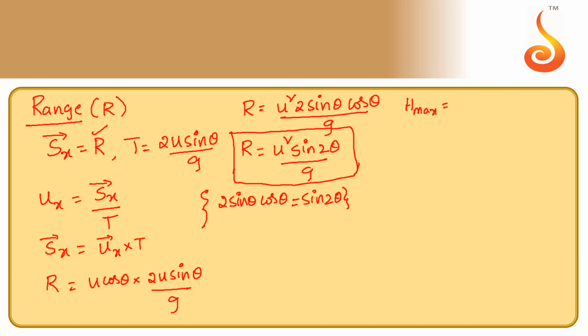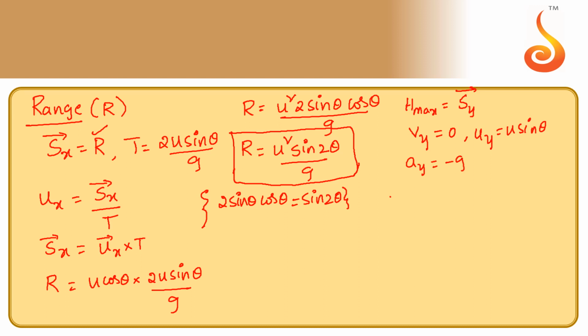H max is nothing but the maximum y displacement during half of the journey, because when the projectile is at the highest point, the time is half. At that point, vertical velocity is 0, and initial velocity along y direction is u sin theta, and acceleration along y direction is minus g.